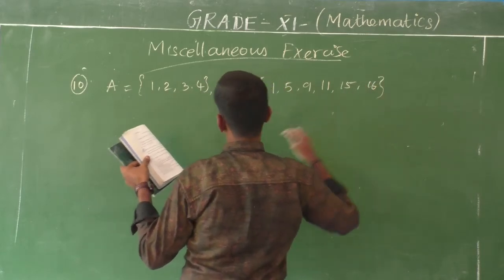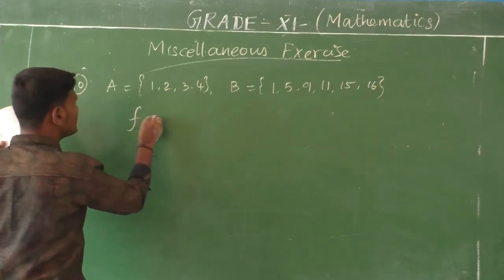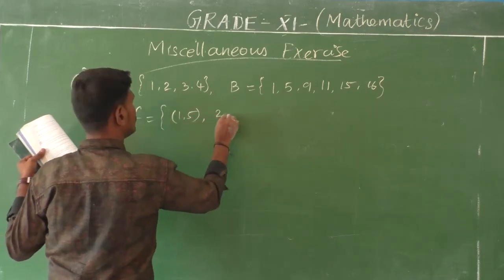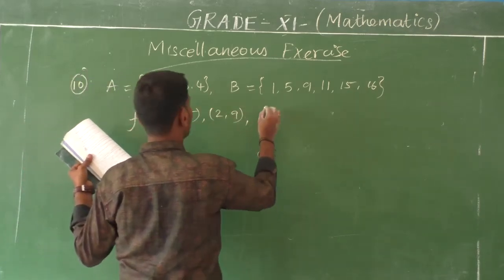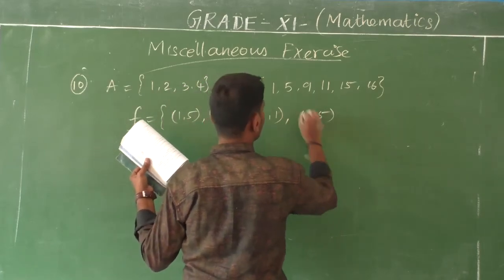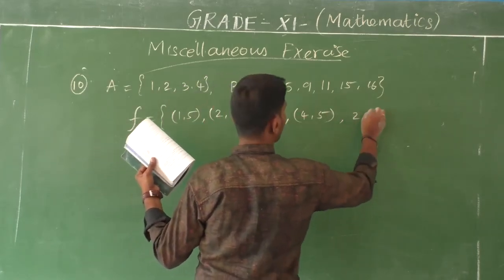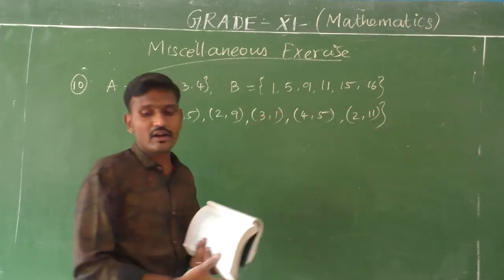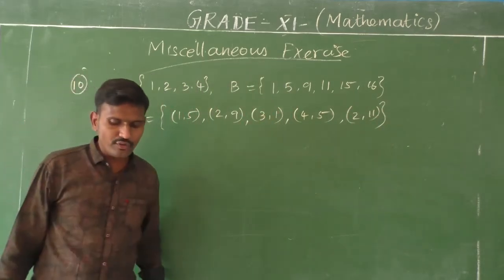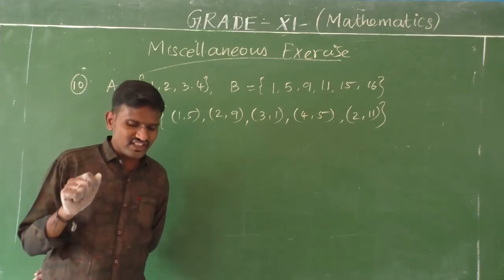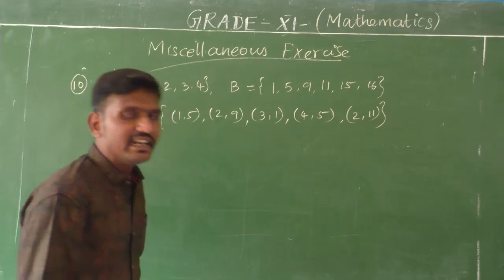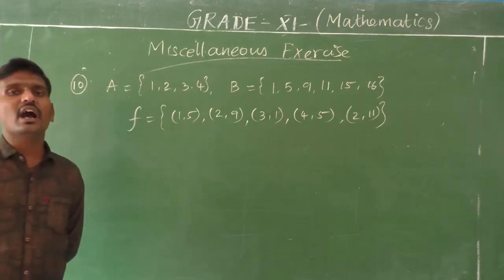These are the elements of B, and the function is given by f equal to {(1, 5), (2, 9), (3, 1), (4, 5), (2, 11)}. These are the ordered pairs in the function. So what is the given question? Are the following true? The first one: f is a relation from A to B. We have to check it.